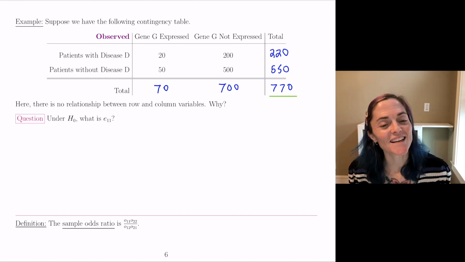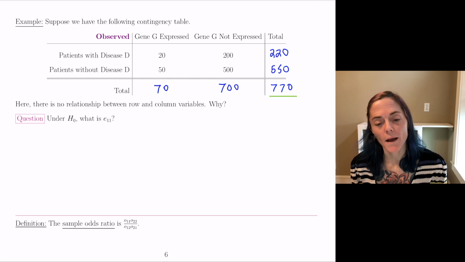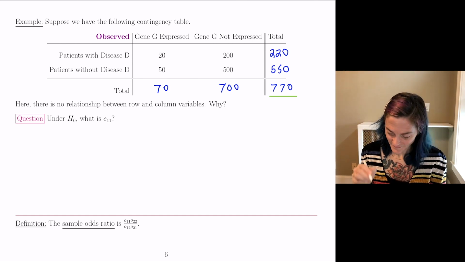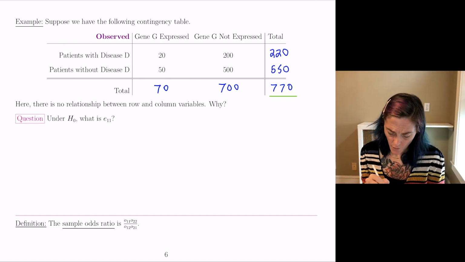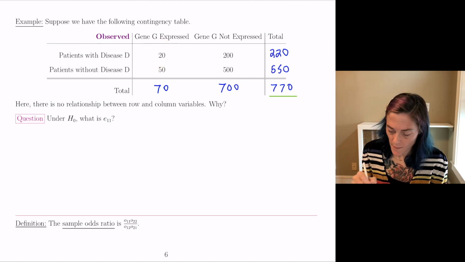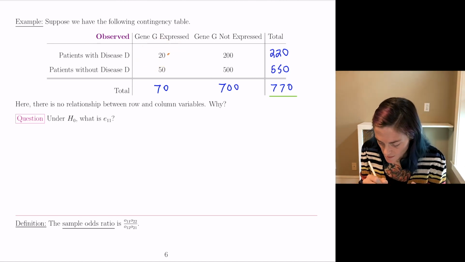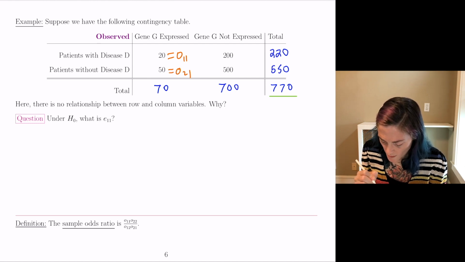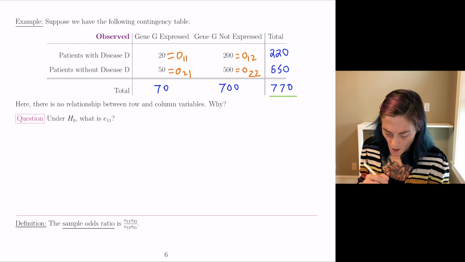So under H0, what is E11? Well, we know this is O11. Maybe I will write this. So this is O11. This is O row 2, column 1. This is O row 1, column 2, and O like this.